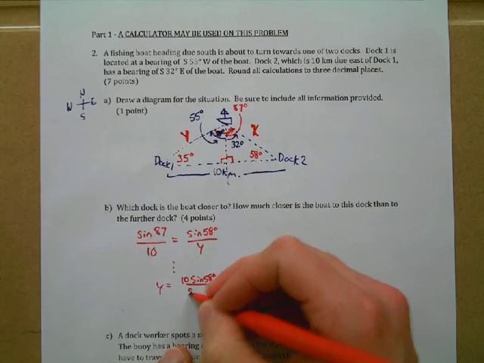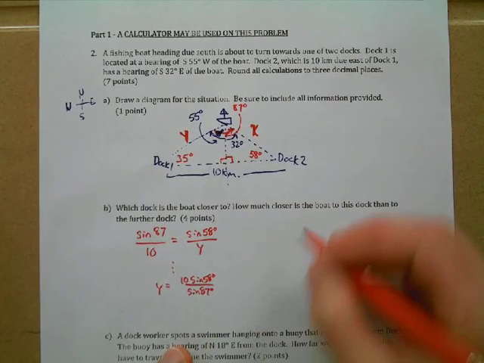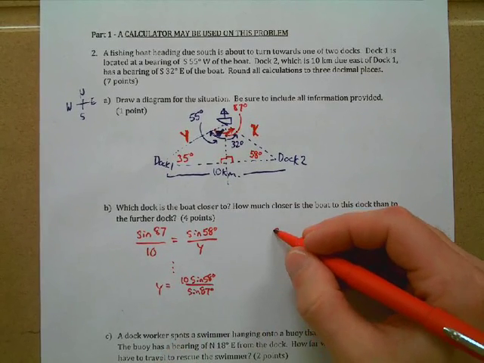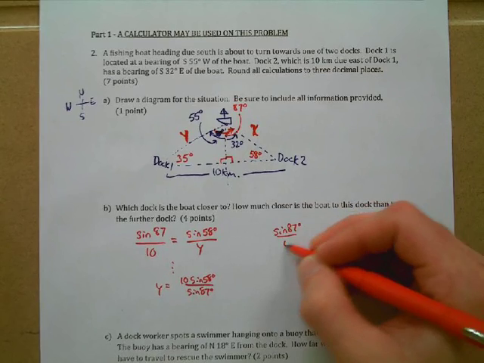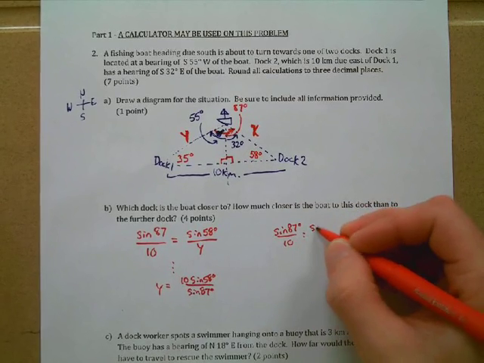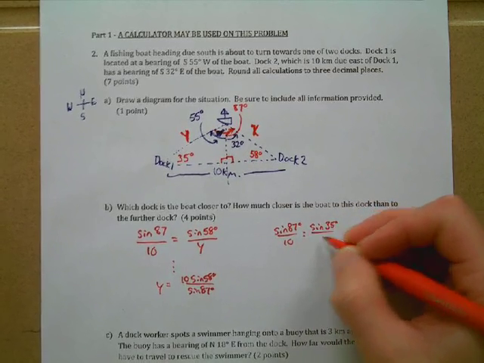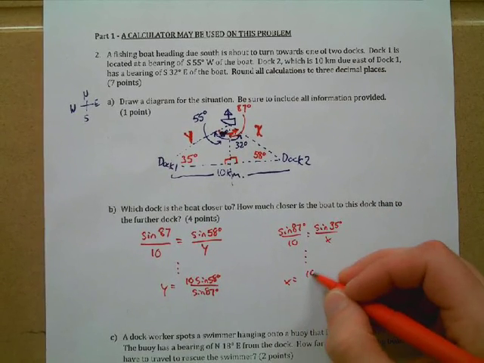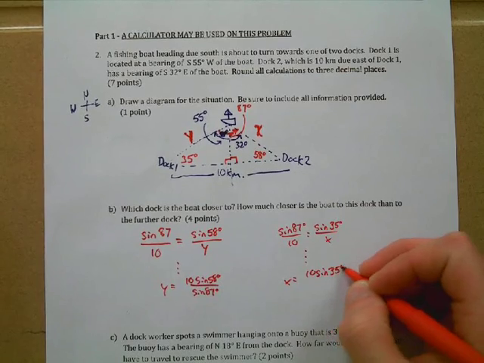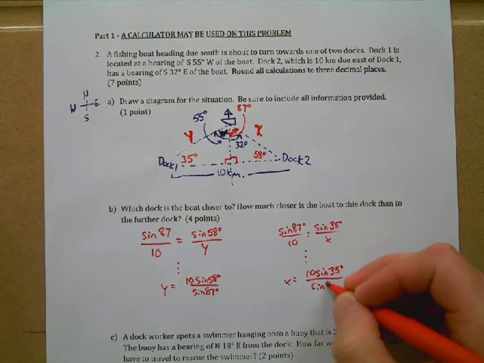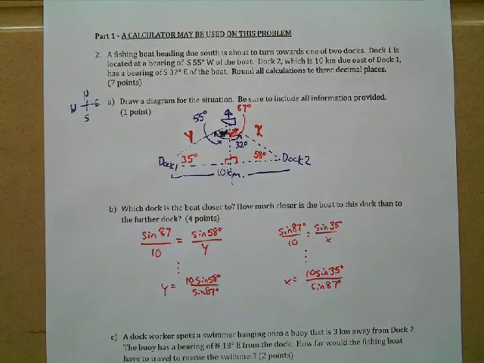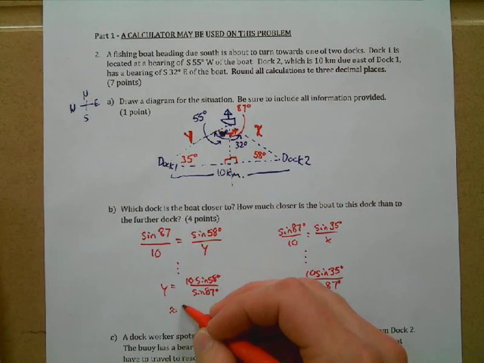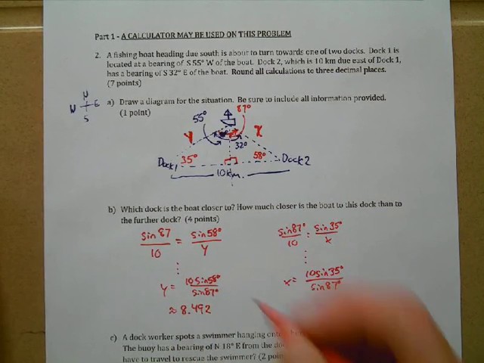Sine 35 over the sine of 87. So y is approximately 8.492, and x is approximately, I'm sorry, yes, 5.74. Okay, and we'll say that's all in kilometers, right? Because that 10 was in kilometers, so we can assume these will be in kilometers too.